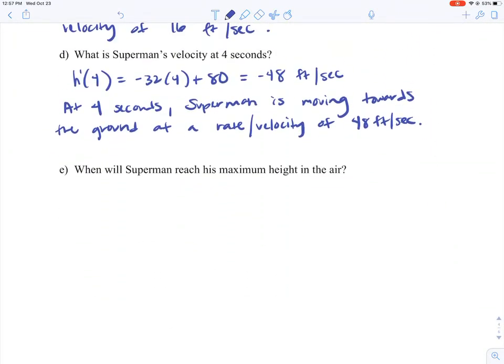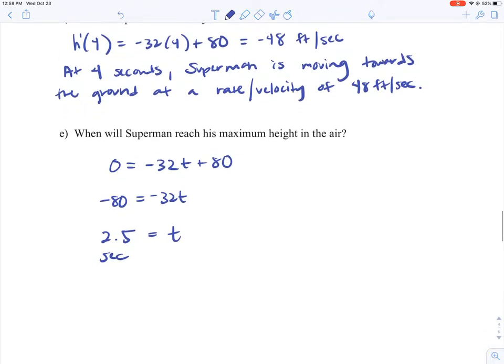To determine when Superman will reach his maximum height from a calculus perspective, because you could do this from an algebra perspective just by finding the vertex, you're going to set the derivative equal to 0 and then solve for t. So 80 divided by 32 is going to be 2.5, and the units on t are seconds.